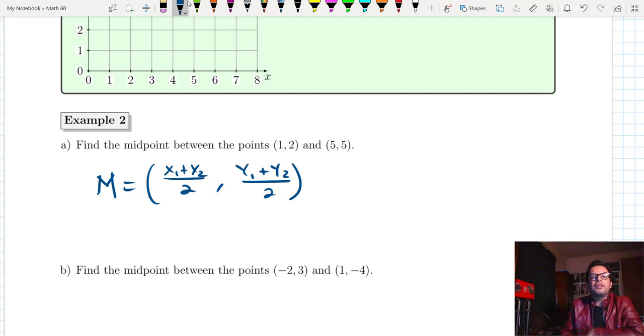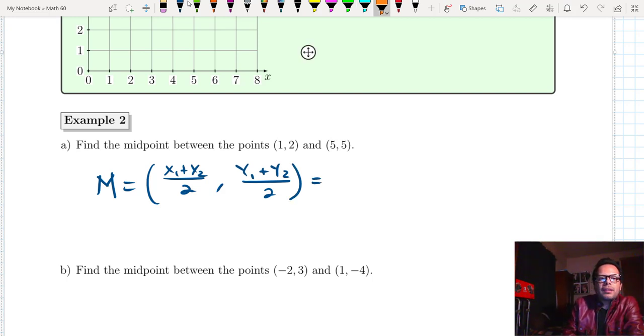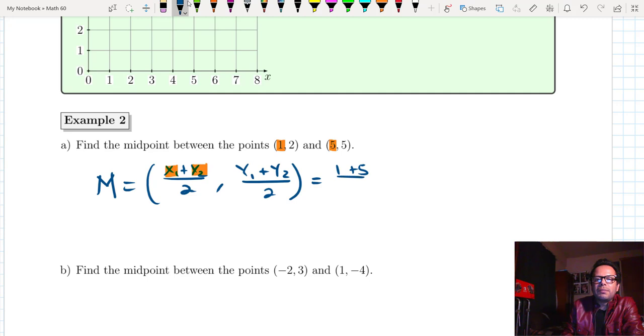So let's just plug in the numbers. This is x1, x2. Let me highlight them. So this will be 1 plus 5 divided by 2, comma, y1 plus y2, 2 plus 5, divided by 2. And let's simplify.